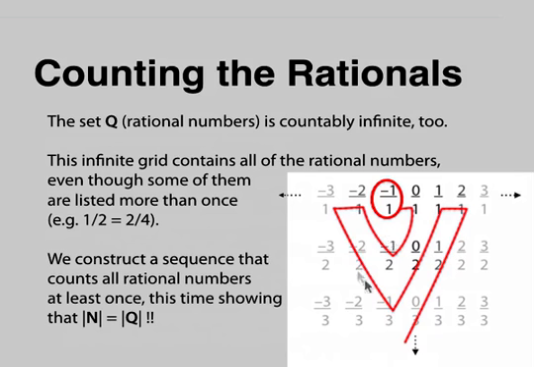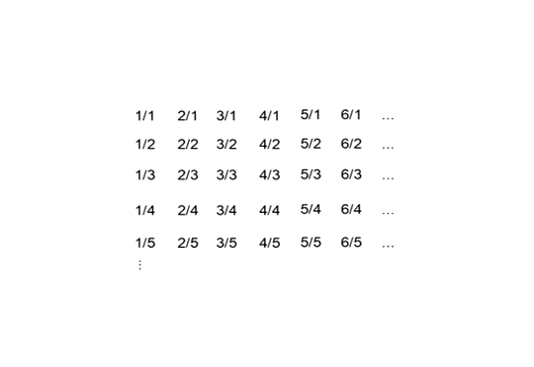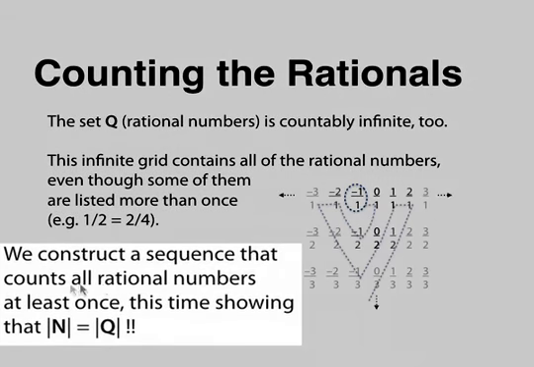As you can see, these ever-expanding triangles cover this whole grid, right? Because there's nothing up here. But even if there was, you could have a strategy where you could do squares. The point is, you're able to count all the countably infinite rational numbers. So we construct a sequence that counts all the rational numbers at least once.